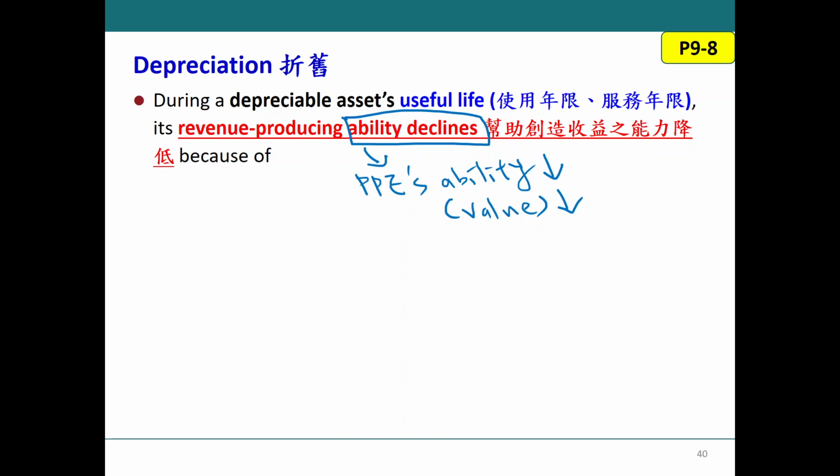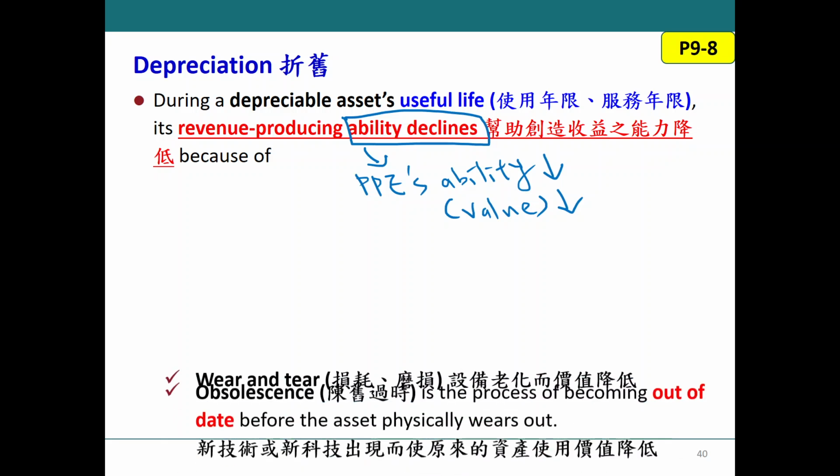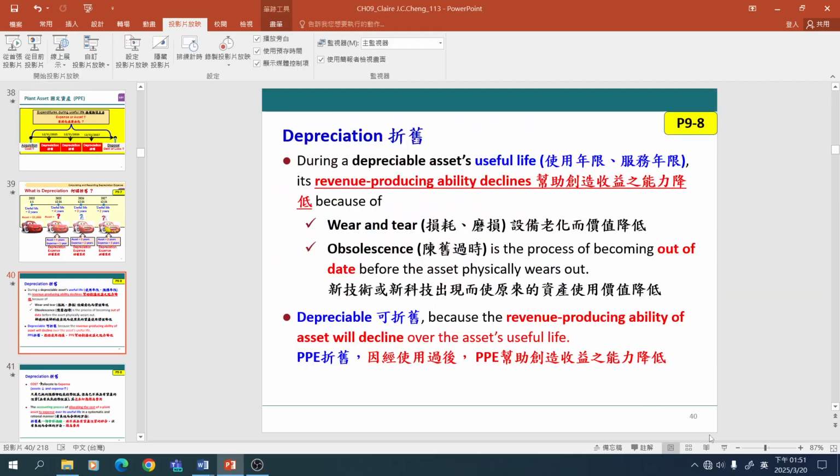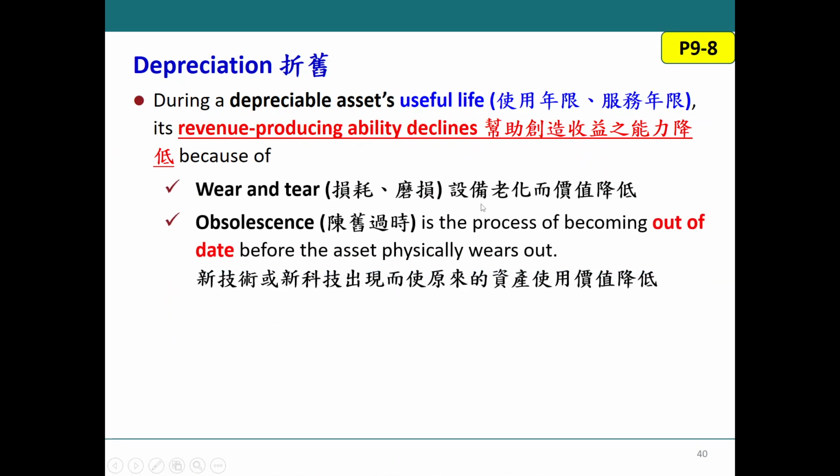Okay, any questions? No problem? Okay, its value decreases, ability decreases. Of course, the first reason is what? You use it, right? So after you use your PPE, that's why your PPE's value and ability decrease.